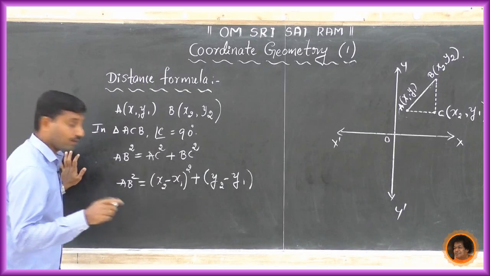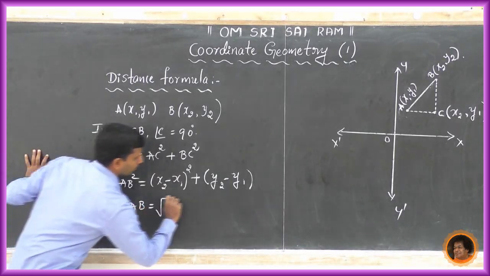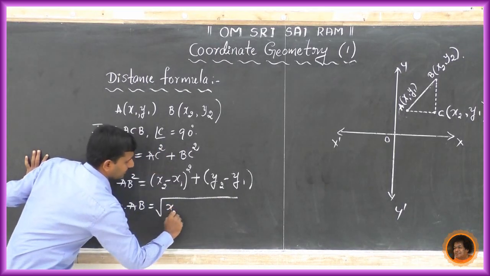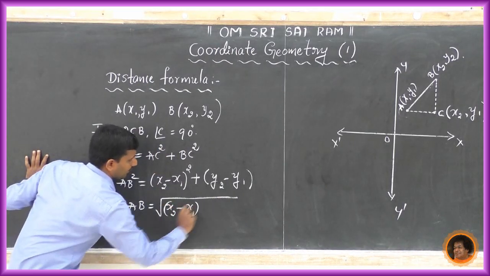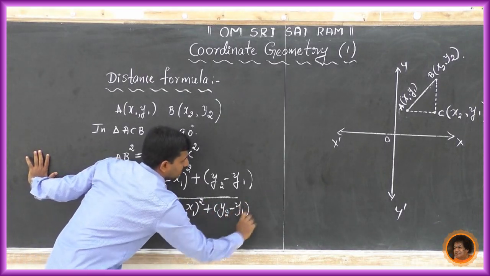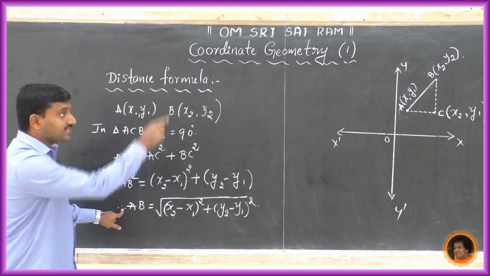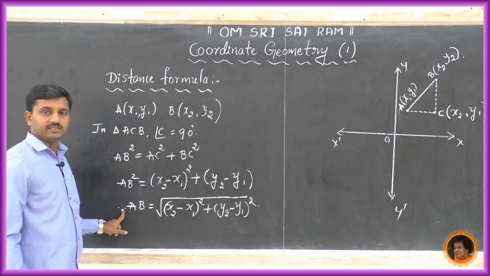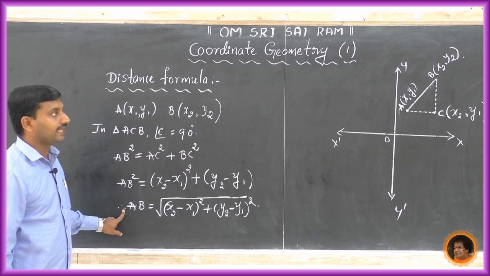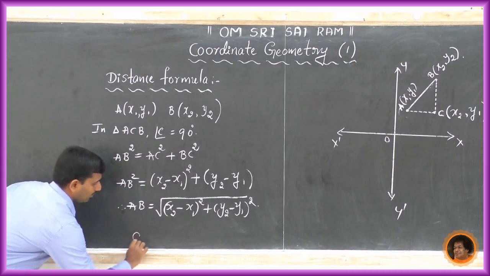But what is AB? How to find AB? Therefore, AB equals the square root of x2 minus x1 whole square plus y2 minus y1 whole square. AB means the distance between A and B, or the length of AB. The distance is denoted as D, small letter d.